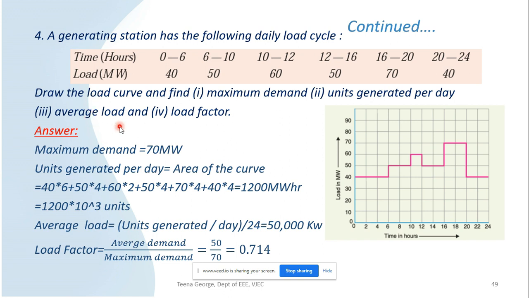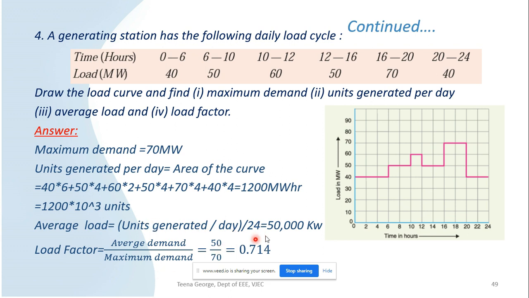Then average load. Average load is units generated per day divided by 24, since we are considering the day. That is 1200 megawatt hours, or 1,200,000 kilowatt hours, divided by 24, which gives 50,000 kilowatt. Now load factor. Load factor is average demand by maximum demand.